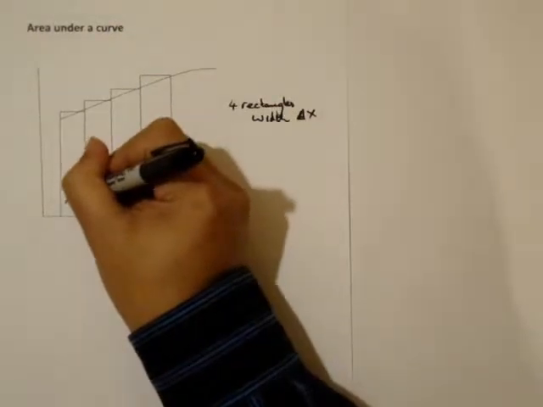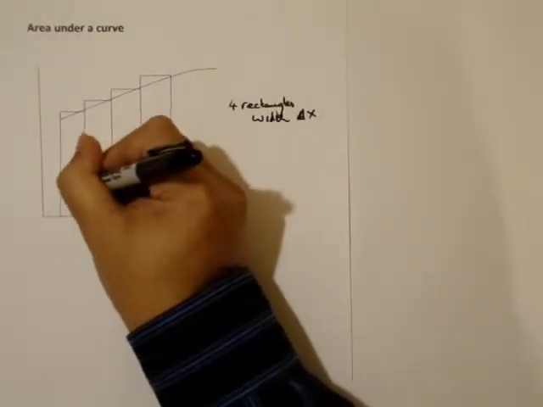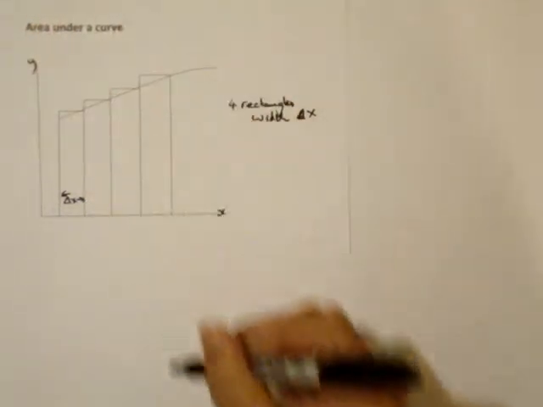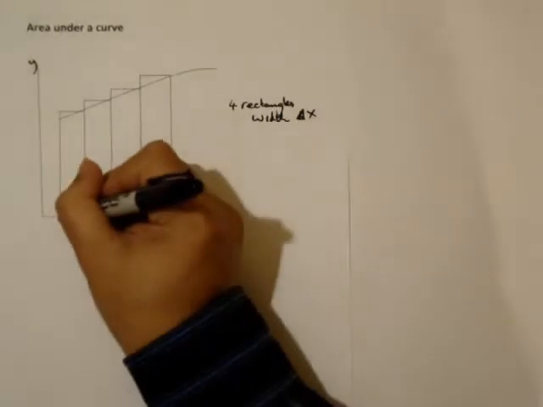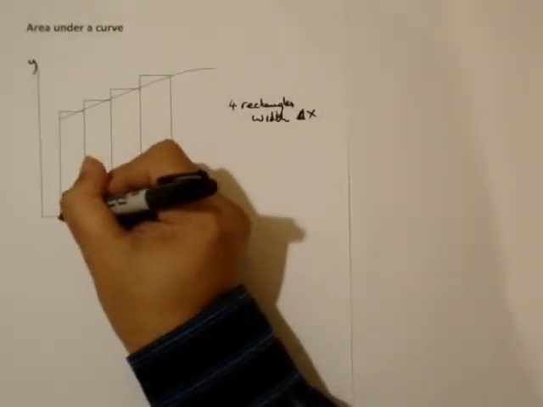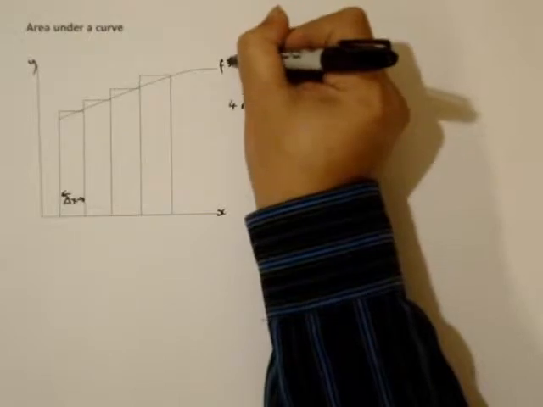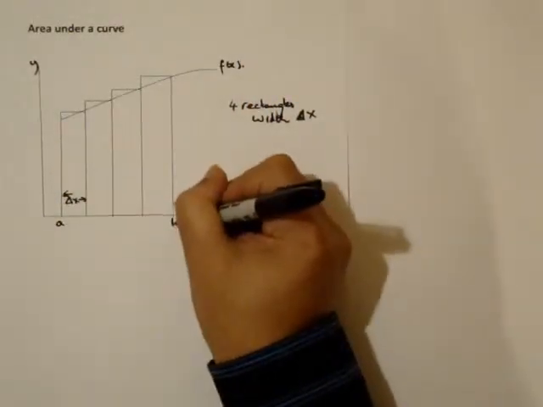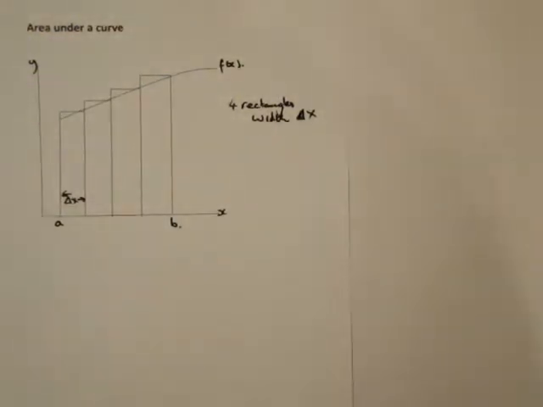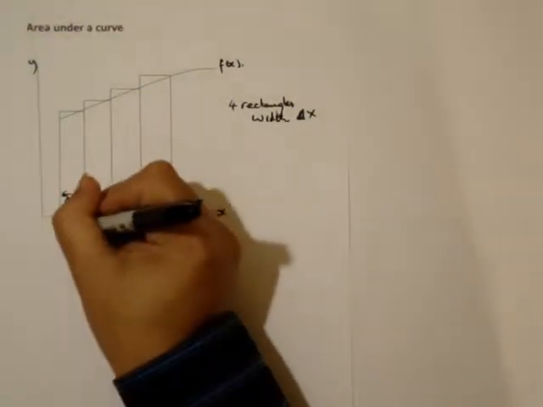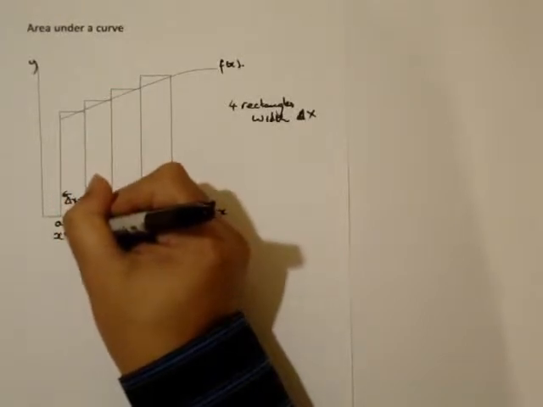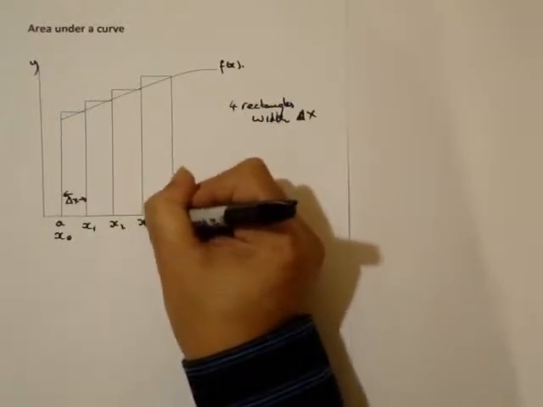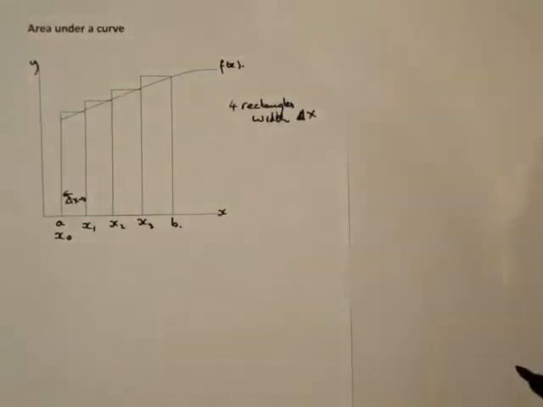So this is delta x along the x and y axis, and here we have a curve f of x which is non-negative and continuous on A and B. Here we label this as x0, x1, x2, x3 and so on.